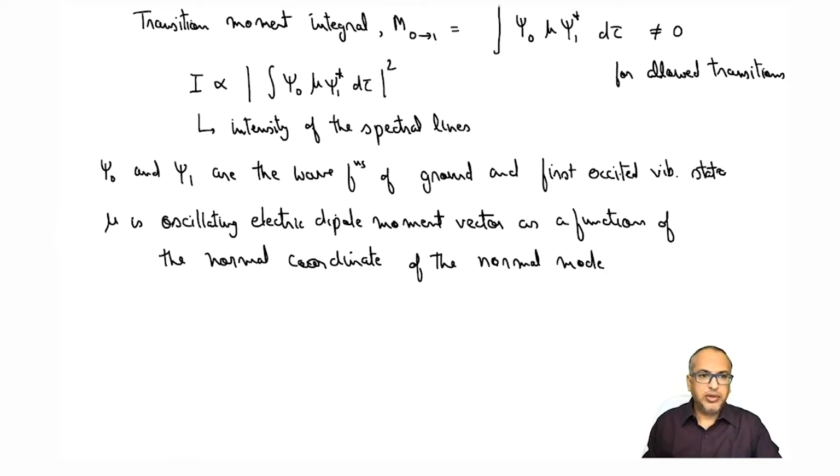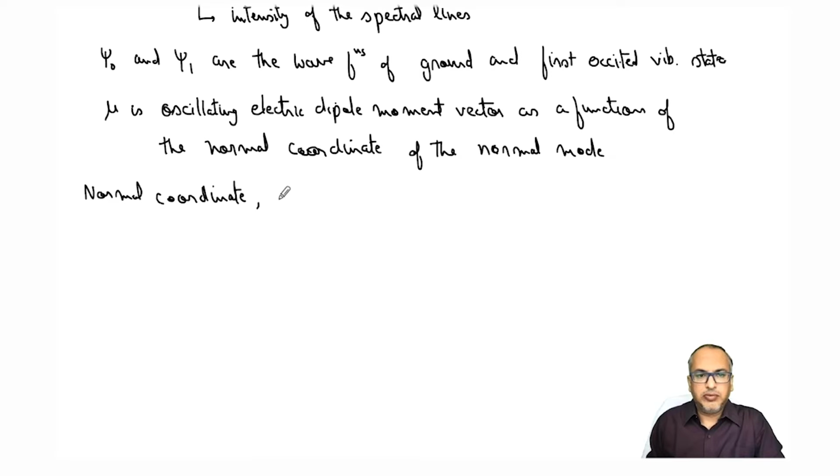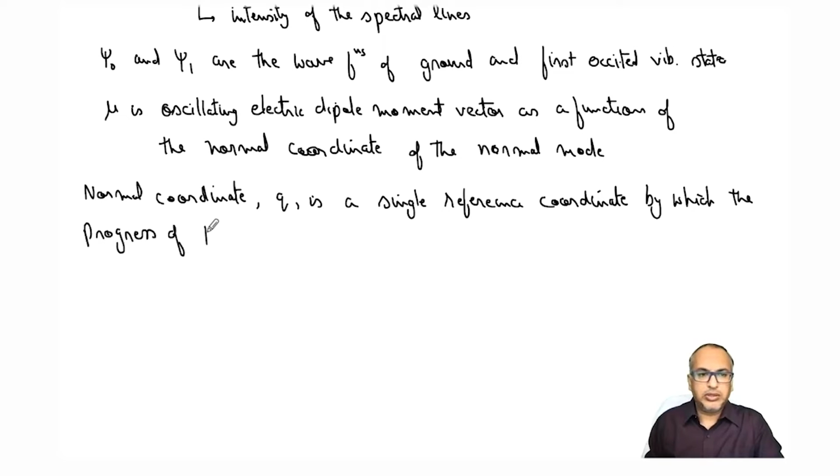So let's define this quantity, the normal coordinate, by Q. We can say Q is a single reference coordinate by which the progress of the normal mode is followed.